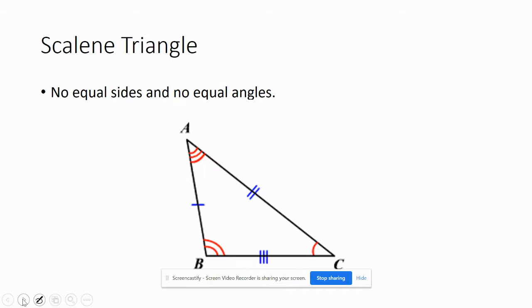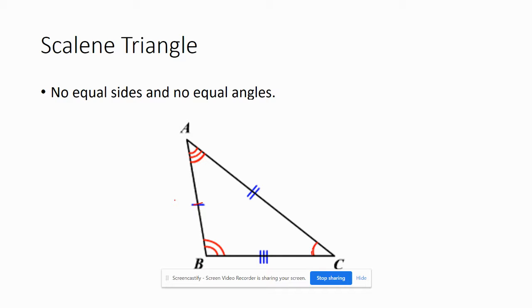Next, we have a scalene triangle. No equal sides, no equal angles. Nothing is congruent on this triangle. Notice how the lines are different. You have one line, two lines, three lines. That means that they're all different sizes. Same thing with angles. One angle here, two lines here, three lines here. They're all different sizes.